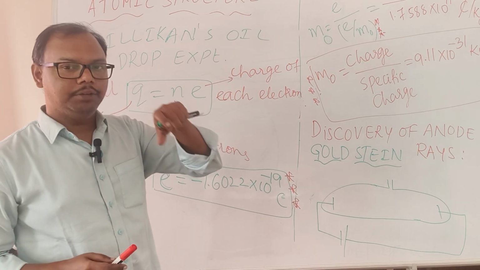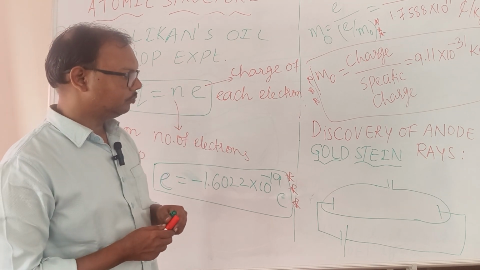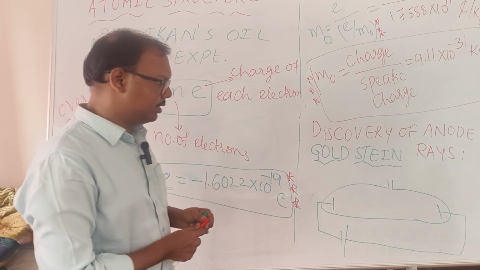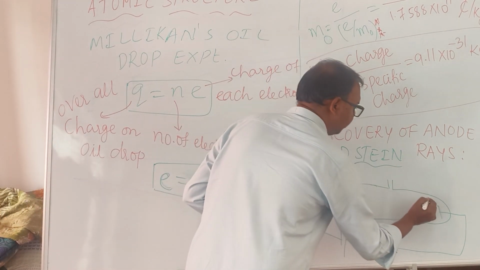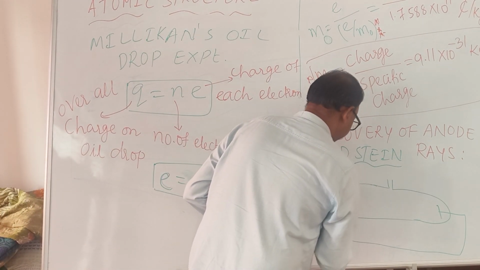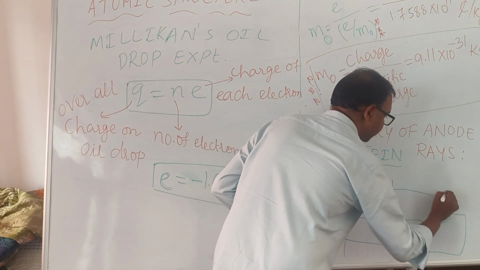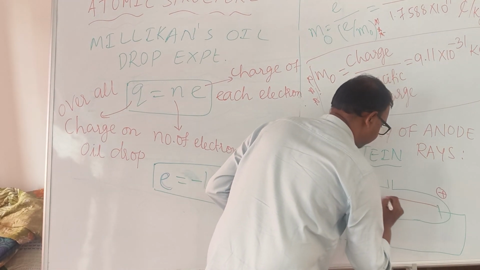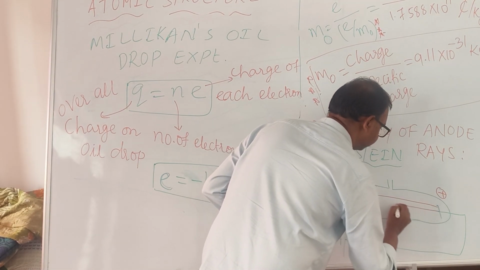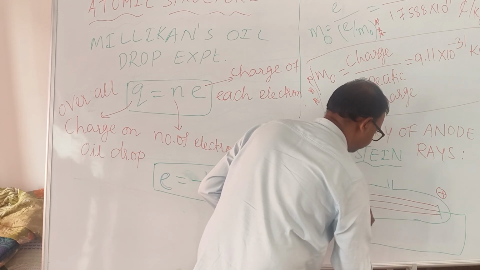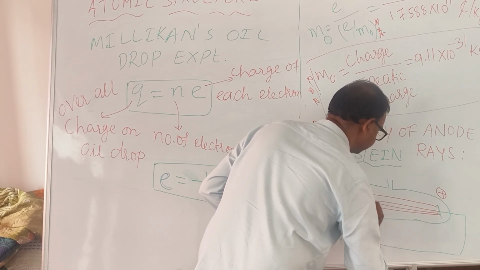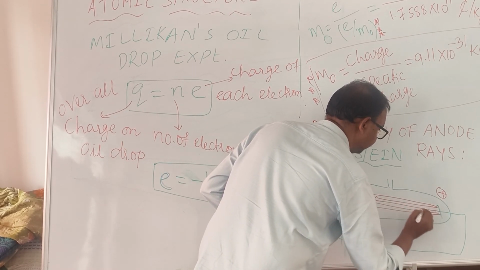Here, the point we have to keep in mind: these rays travel from where to where? From the cathode and the anode, they travel from anode to cathode in straight line directions. You keep that in mind.